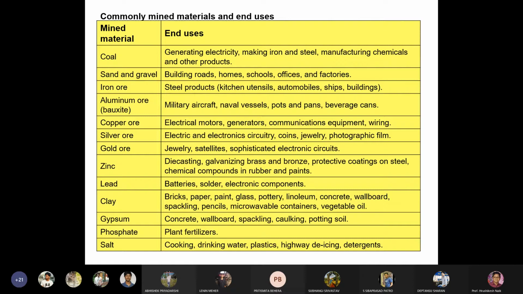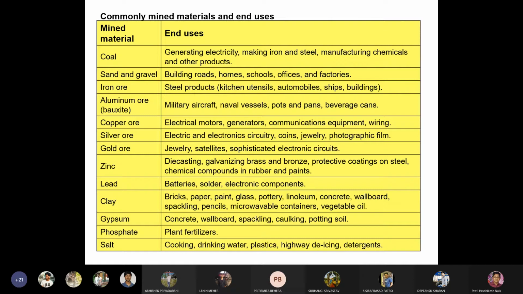So coal, we mine the coal deposits for generating electricity, making iron and steel, manufacturing chemicals and other products.